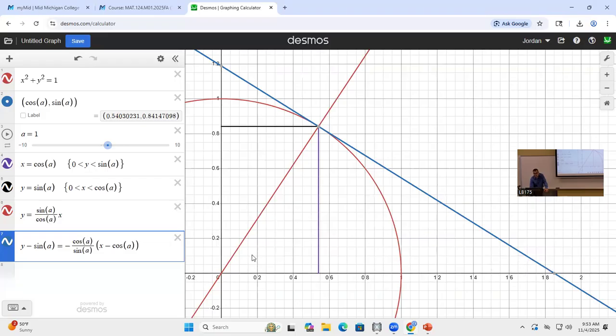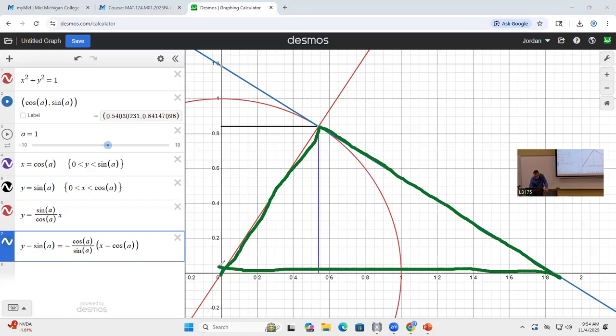If I look at this triangle, the one that goes there, there, and there, this is 1. That's because that's the radius of the circle.